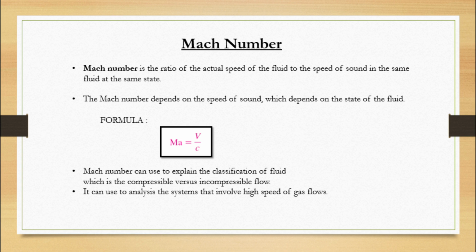This is the formula for Mach number, which is Ma equal to V over c, where V is speed of flow and c is speed of sound. Mach number can be used to explain the classification of flow, which is compressible versus incompressible flow. We can use it to analyze systems that involve high speed gas flow.